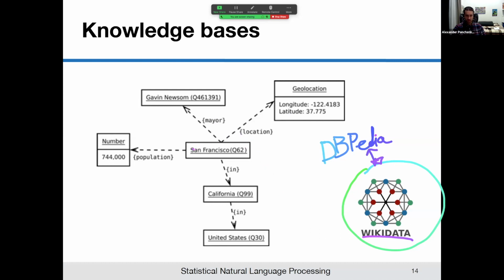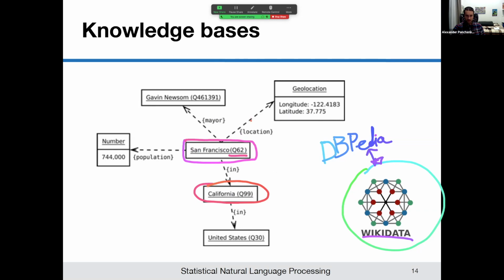So what this knowledge base usually is, it consists of nodes which are entities. Let's say San Francisco. Every entity in Wikidata has an identifier like Q62. So San Francisco is entity number 62, and then California is entity number 99, and so on and so forth.